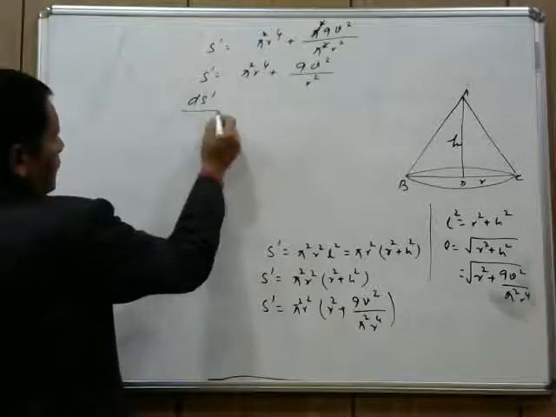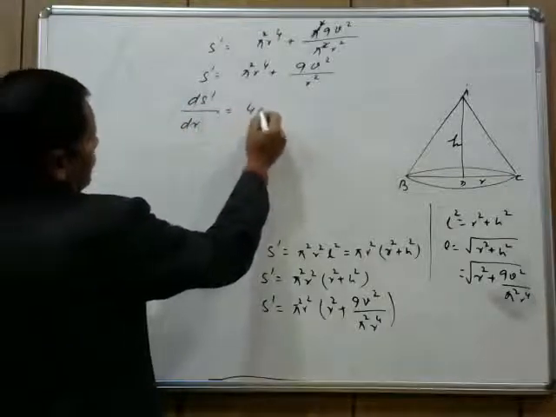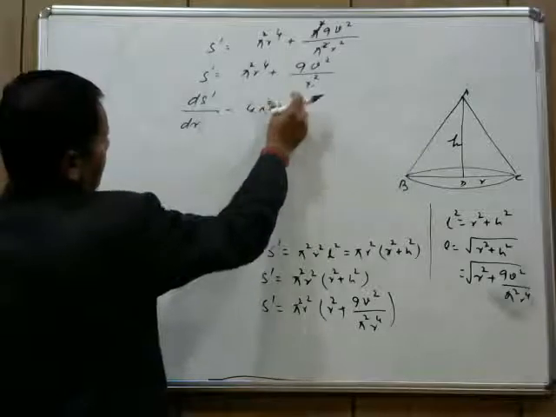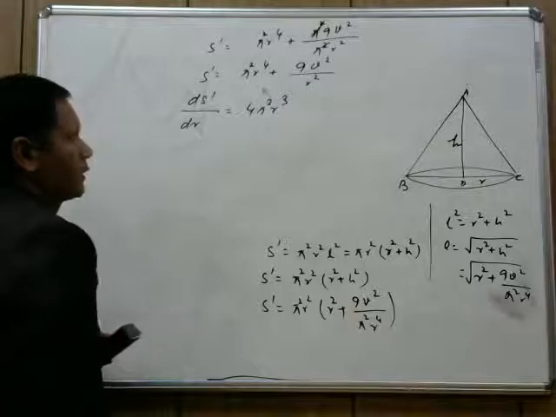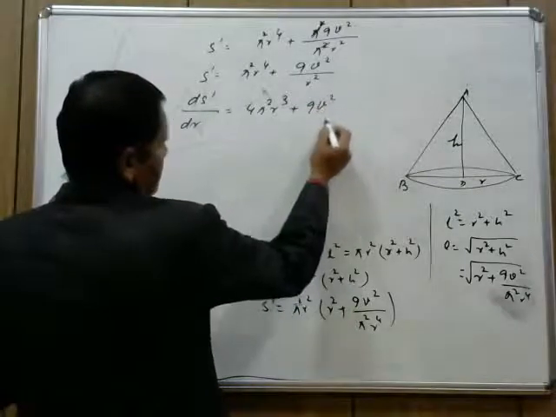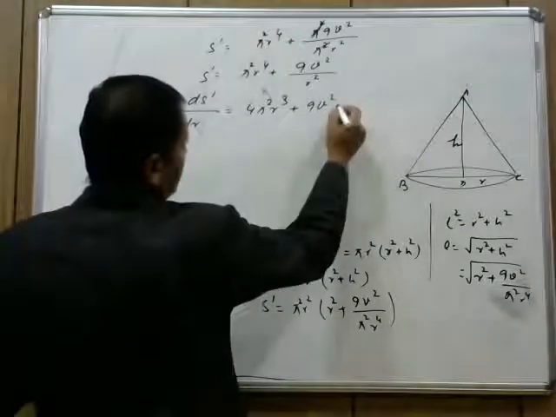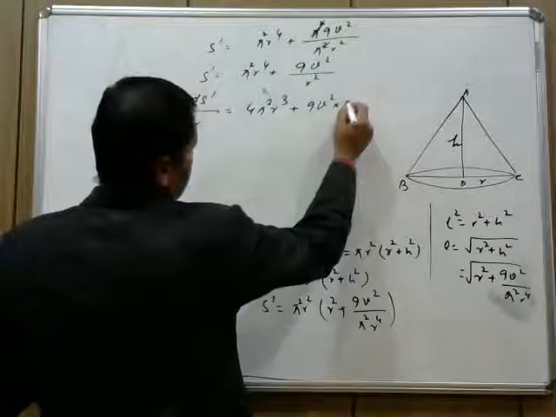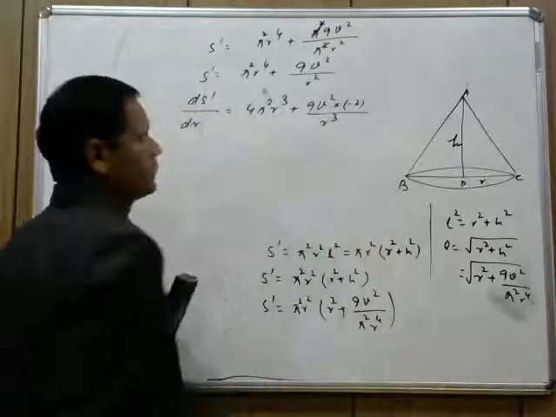After differentiation, let us see what we will be getting. dS' upon dr is equal to 4 pi square r cube plus 9v square, which is the constant, and the differential of r to the power minus 2 gives minus 2 upon r to the power 3.